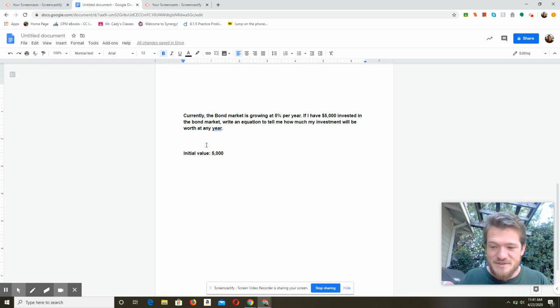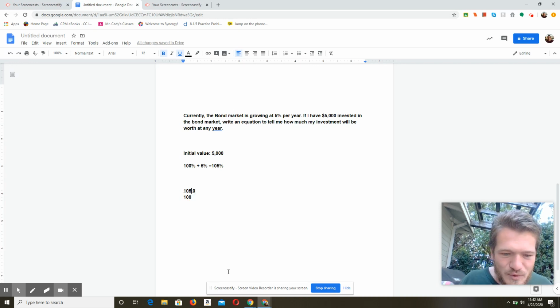If it's growing at 5% per year, that means it has 100% of its original value, plus an extra 5%. What's 100% plus 5%? 105%. Now, 105% is the same as 105 divided by 100. You can put that in a calculator, or you can move the decimal over from here, because it's the same as 105.0.